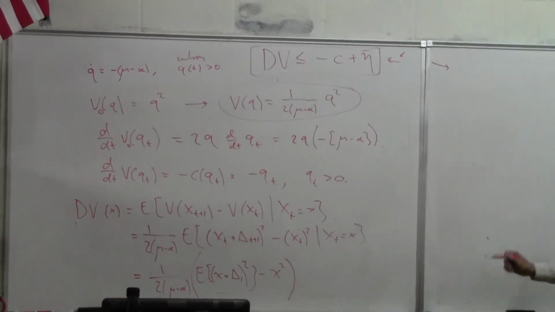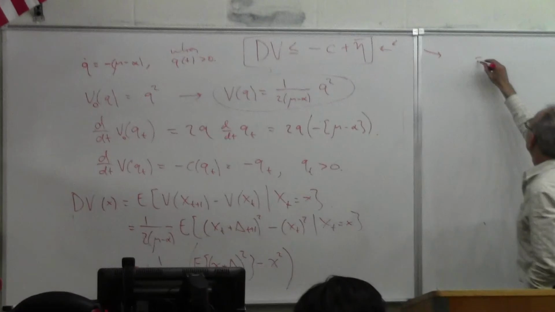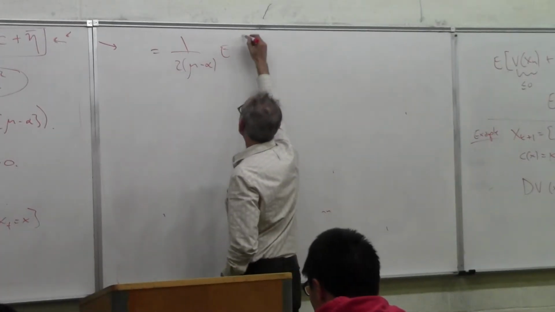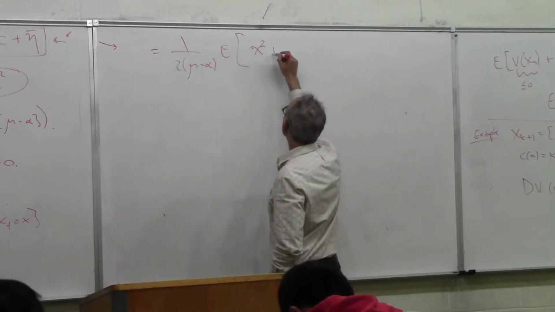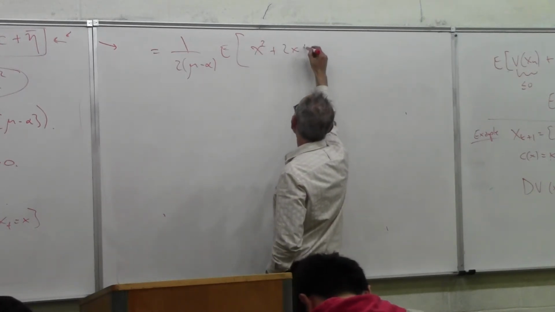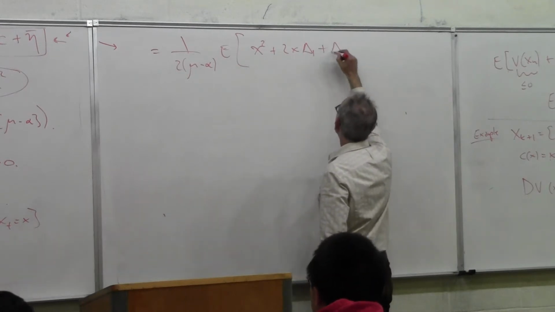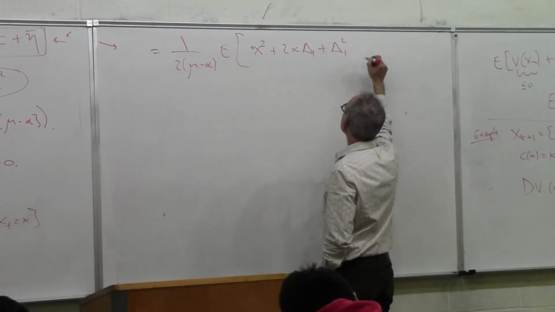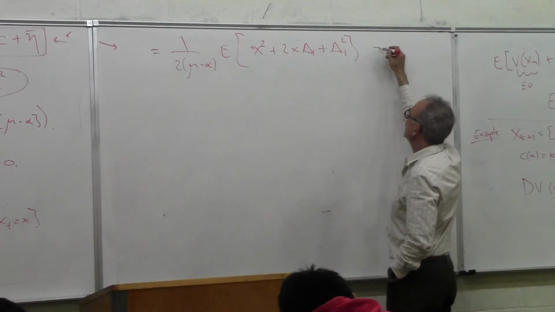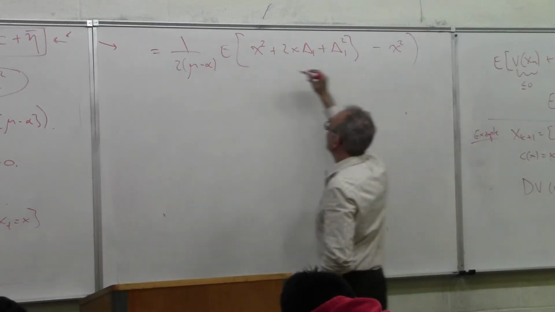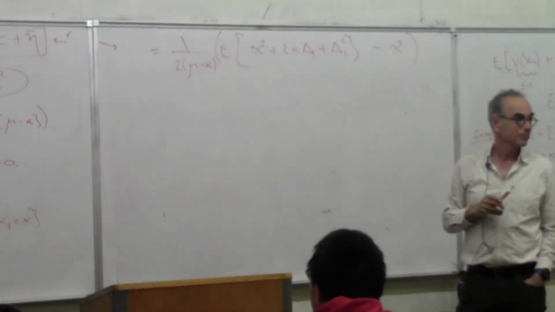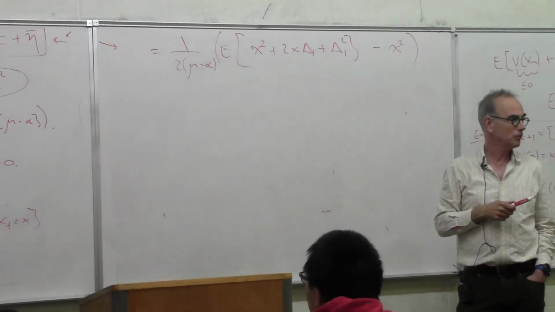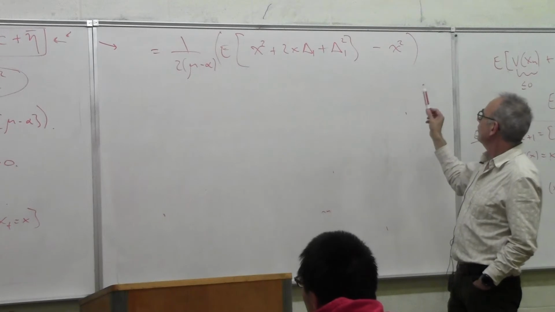What are we going to get? We're going to get 1 over 2 mu minus alpha, expectation, and it's expanded out: x squared plus 2x delta 1 plus delta 1 squared minus x squared, parentheses around the whole monster. You square the sum of two things, and you see something nice happens.